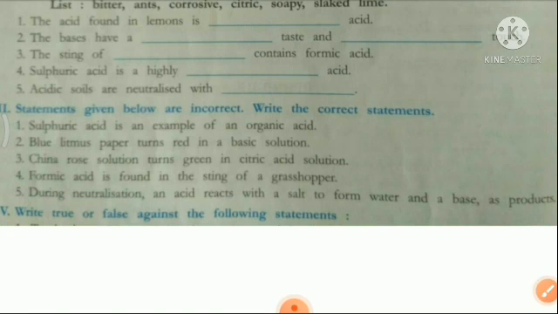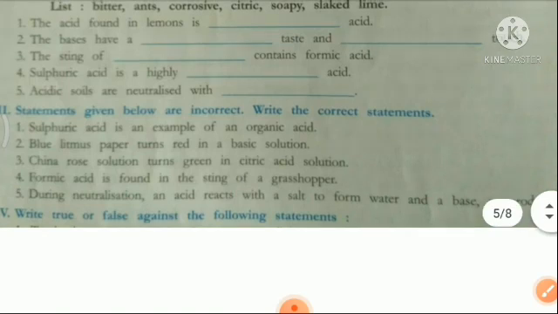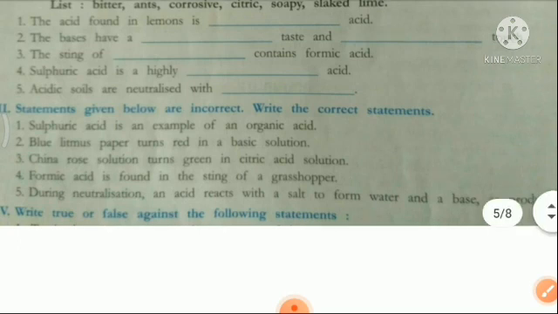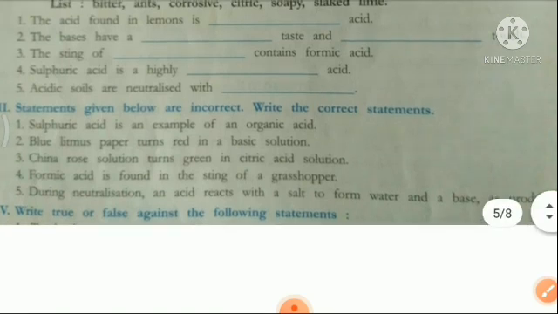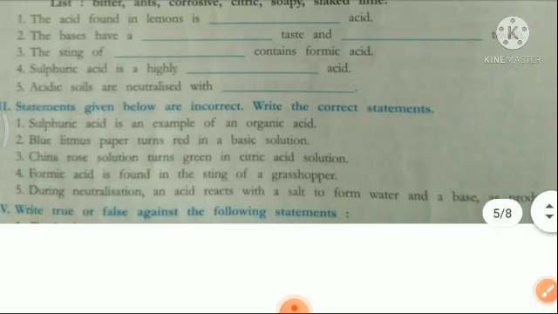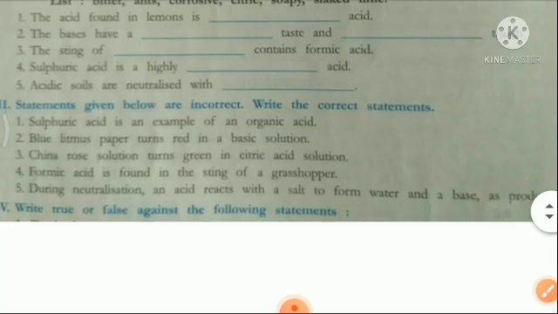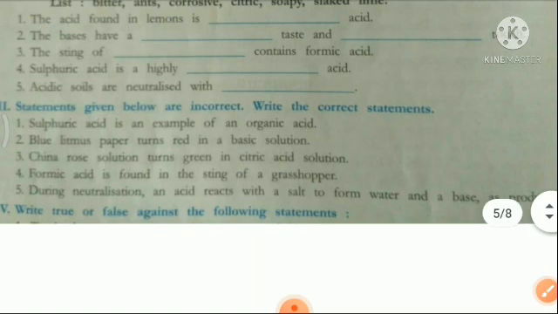And here it is given that when cyanurose is put in citric acid solution it turns green. So this is a wrong statement, because it should turn deep pink. Okay, so you have to replace green with deep pink, because the solution turns deep pink in an acid solution, and citric acid is an acid, so the solution will turn deep pink.